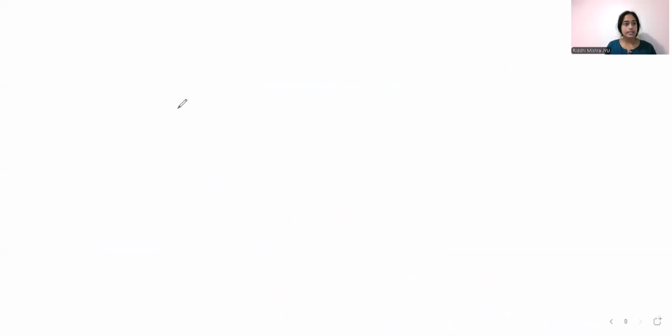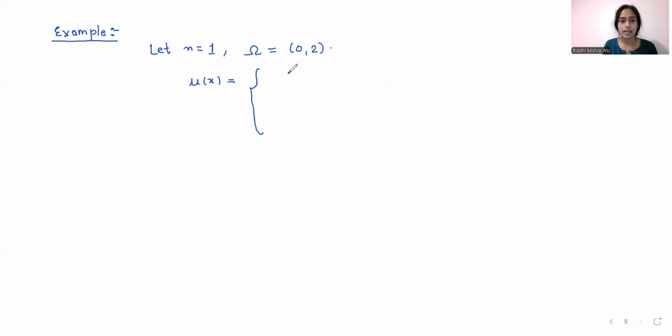Now we will see an example of how to calculate a weak derivative. Let n equal 1. Here I am not using any multi-index because my dimension is 1. Omega is the open interval 0 to 2, and I consider the function u(x) equal to x in the range 0 to 1, and 1 otherwise, for x greater than 1.